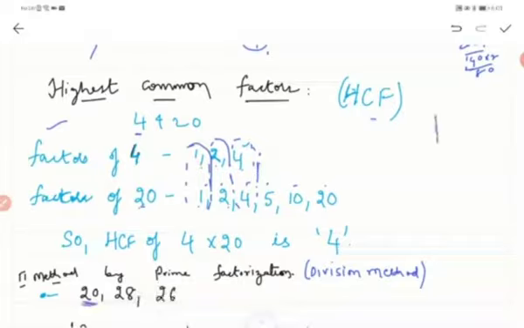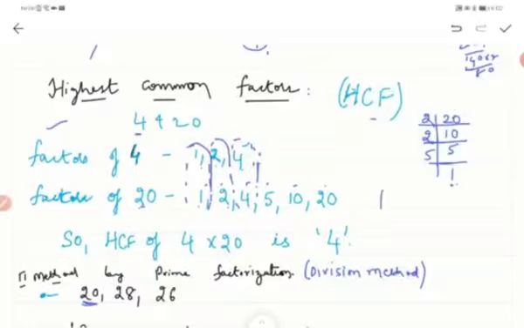Prime factorization method, how you need to do it, take like this. First divide by the smallest factor, that is 2; 2 tens are 20. Again it will go by 2; 2 5s are 10. Now it will go only by 5. You will divide until you get 1 here. So your factors for 20 are 2, 2 and 5. Okay, this was for 20.